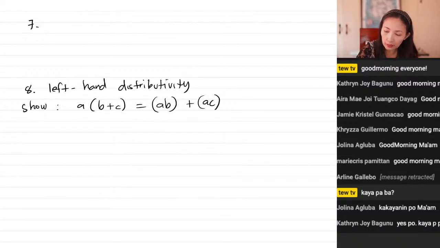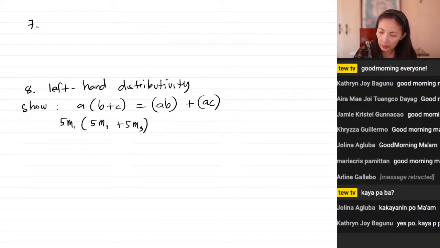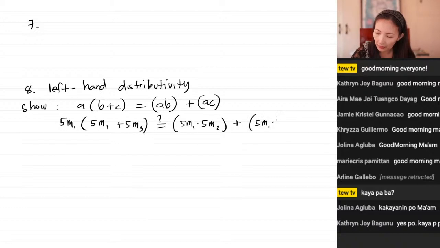But here we have 5m1 times the quantity 5m2 plus 5m3, should be equal to, is it equal to 5m1 times 5m2 plus 5m1 times 5m3.